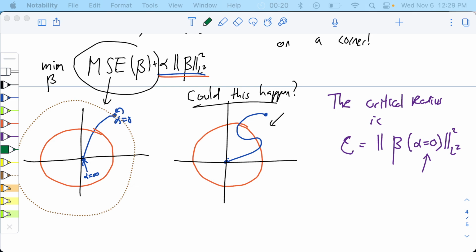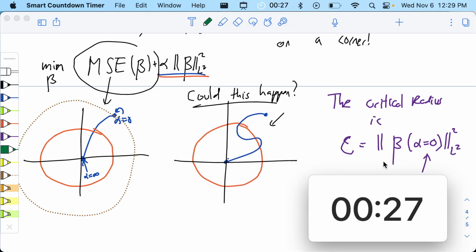Okay, let me give like 30 more seconds here to put in your final guesses. Okay, 10 seconds, 5 seconds. Put in your final guess here, and let's see what happens.